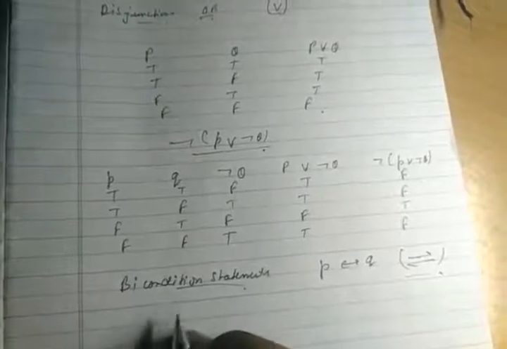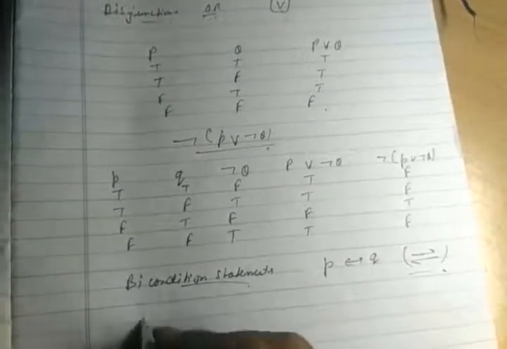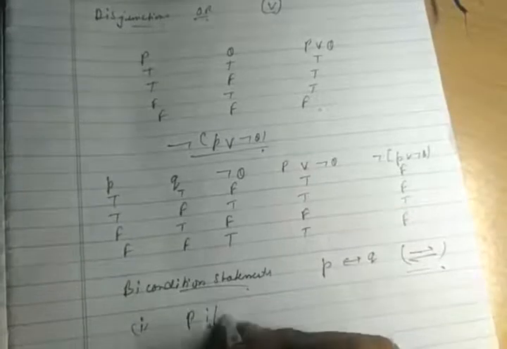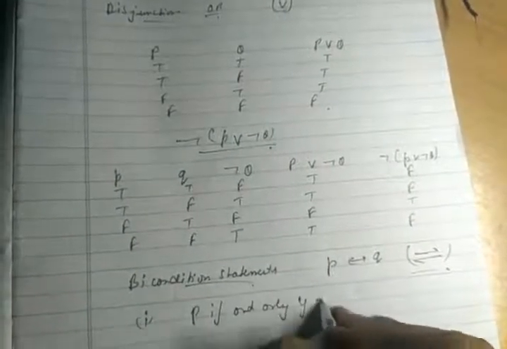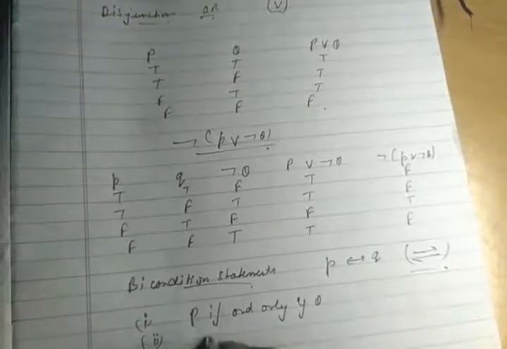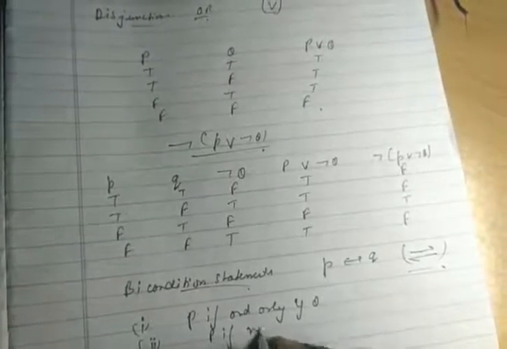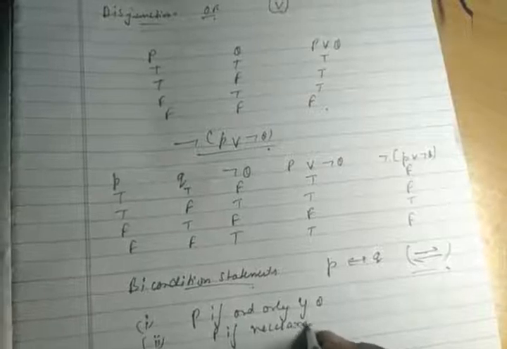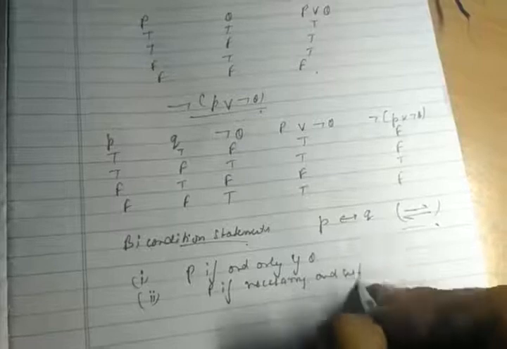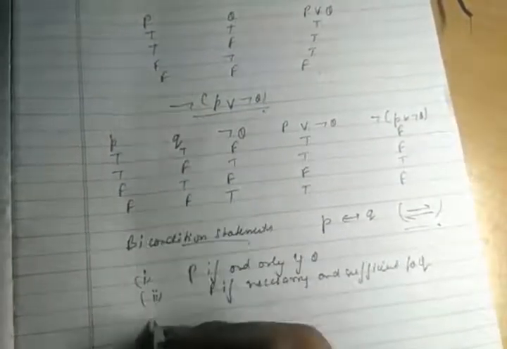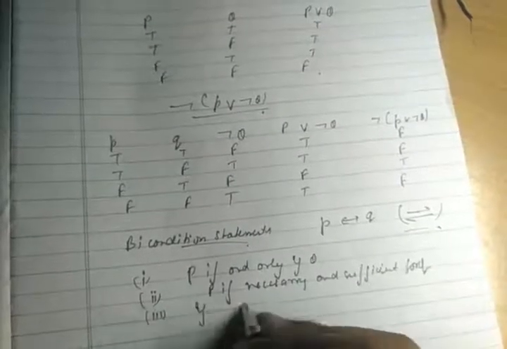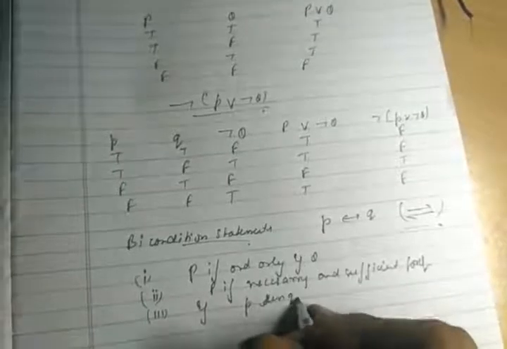There are some common ways to express the biconditional statement. The first is P if and only if Q. The second is P is necessary and sufficient for Q. And the third is if P then Q.